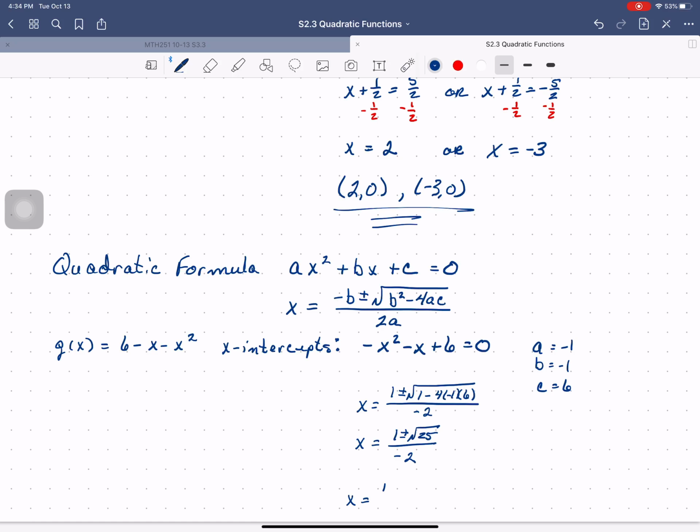So I've got 1 plus or minus 5 all over negative 2. So that means x equals 1 plus 5 is 6, divided by negative 2 is negative 3. Or 1 minus 5 is negative 4, divided by negative 2 is 2. And again, our intercepts are at (negative 3, 0) and (2, 0).